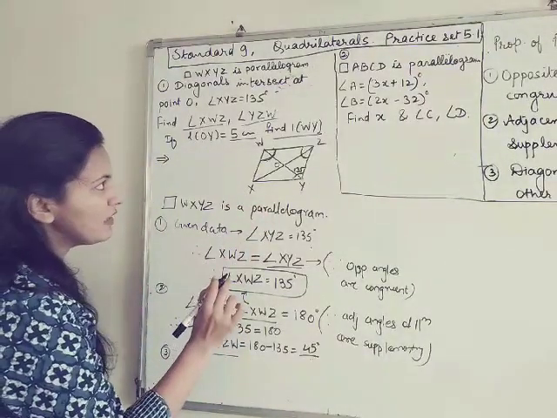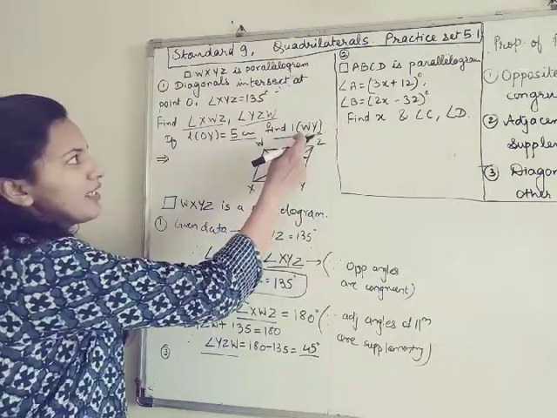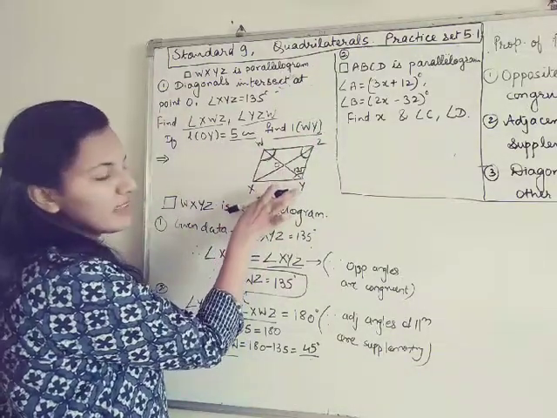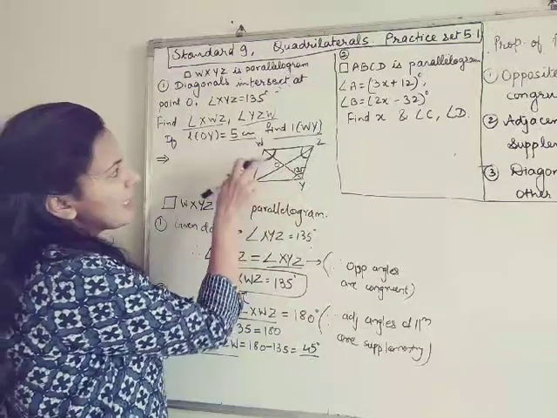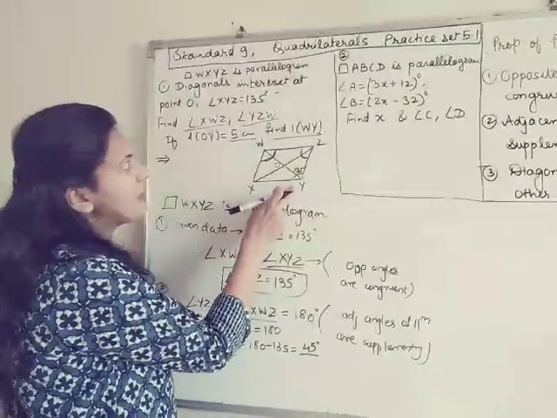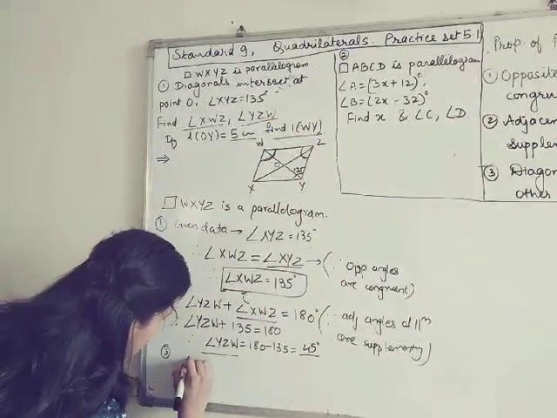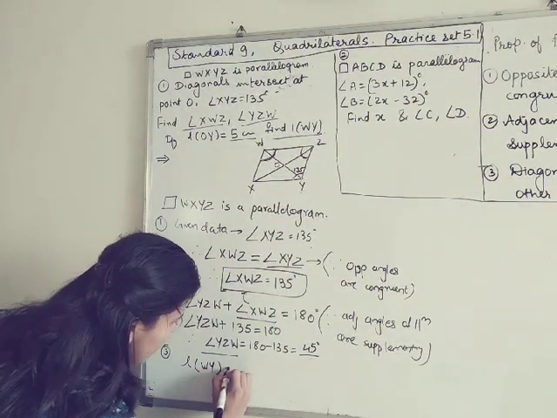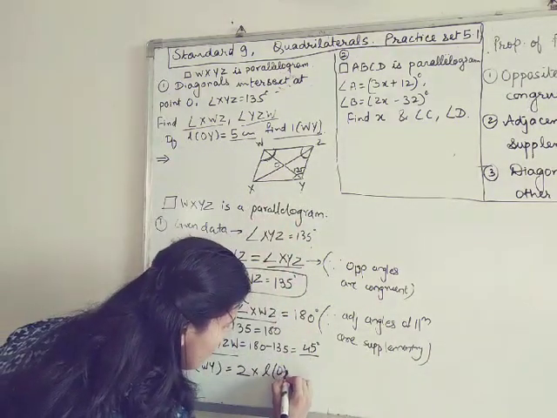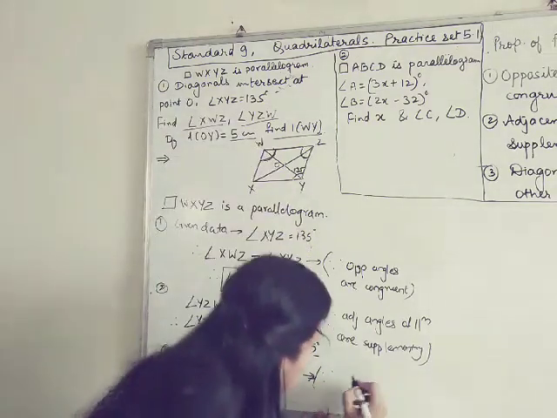As per the property, OY is given, that is 5 centimeter, and diagonal is twice of this OY. So length of WY is equal to twice the length of OY. Here you have to write which property you are using, that diagonals bisect each other.